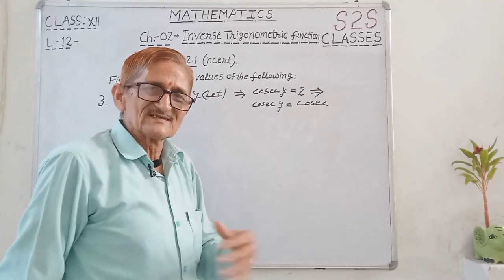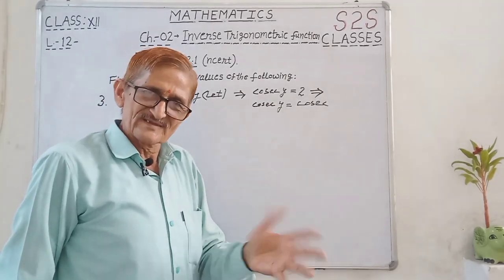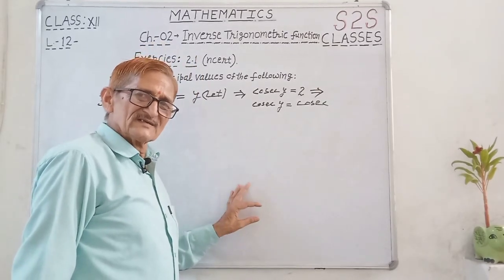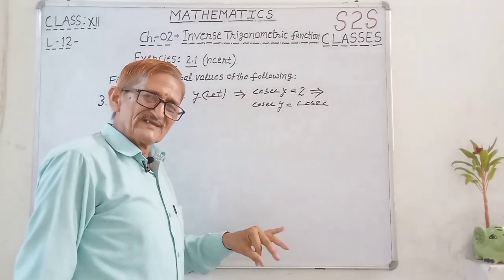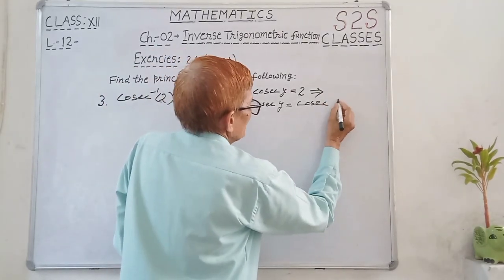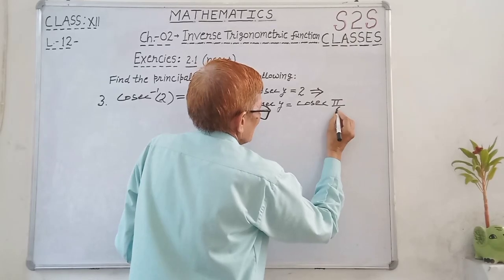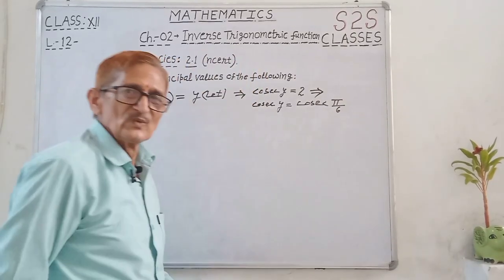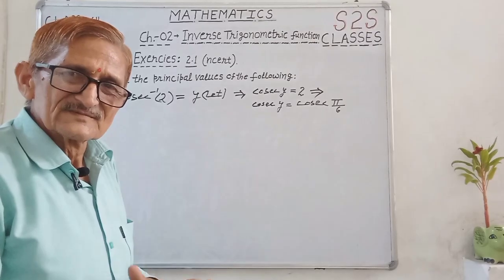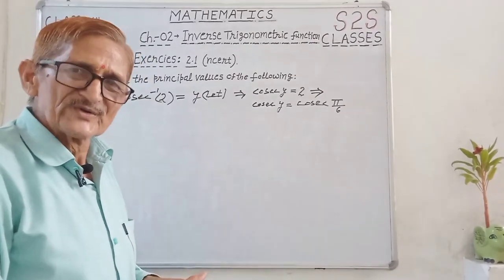Sine 30 is 1 upon 2, so the reciprocal of sine 30 is cosec 30. So 1 upon sine, then the reciprocal of this will be cosec pi by 6, and cosec 30 is 2. Cosec pi by 6 is equal to 2, because sine pi by 6 is 1 upon 2.